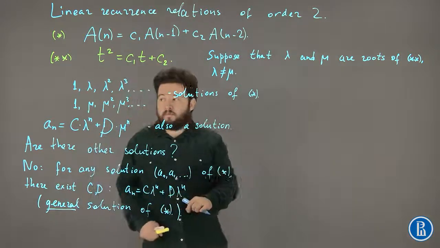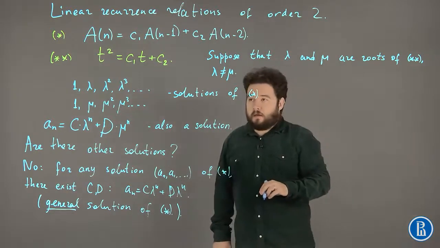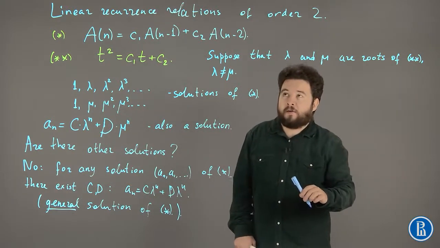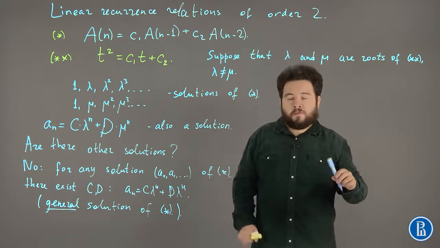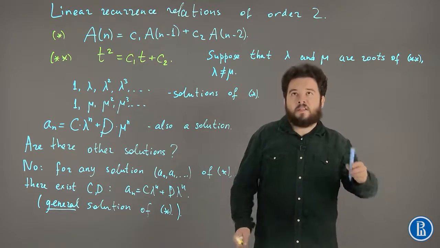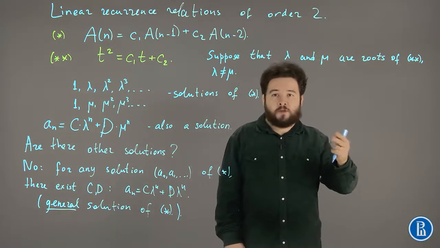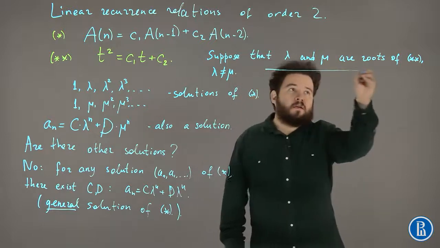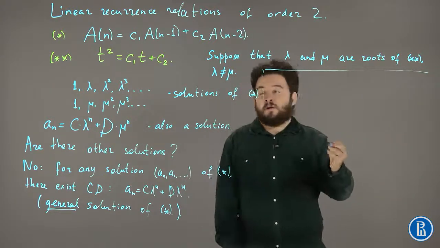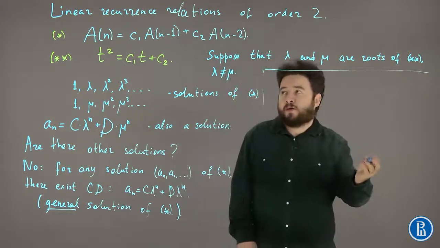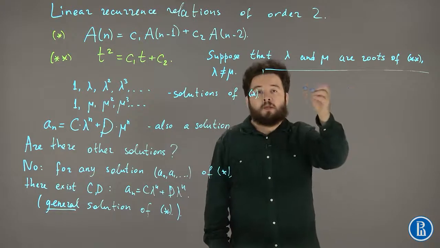How to show this? We already know that any linear recurrence relation of a given order, in this case of order 2, is defined by its first two terms, a0 and a1. So if we know a0 and a1, we can reconstruct one by one all other terms of this sequence.